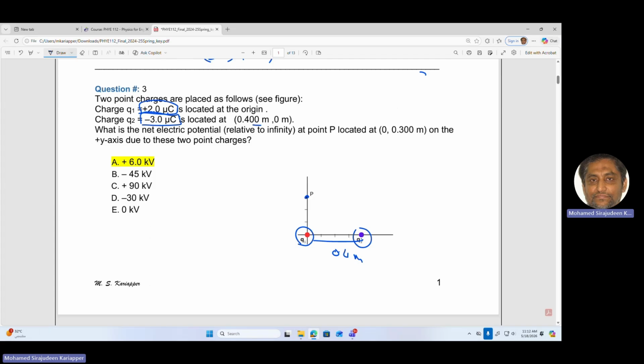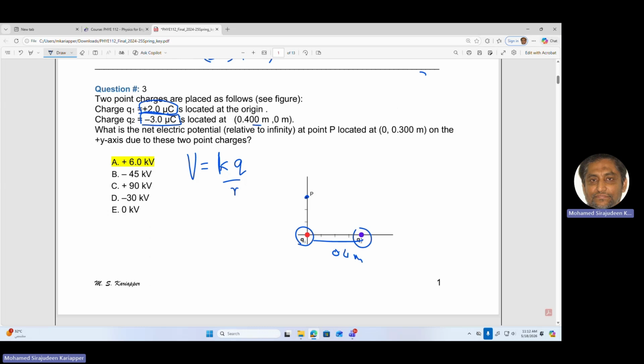For point charges, the absolute value of the potential, not delta, is given by this equation. You will see in the formula sheet there are so many potential V. If you don't know which one to take, then we have to study the concept. It is not just that there are formulas, you substitute the values and find the answer. That is not physics. You need to know the physics.